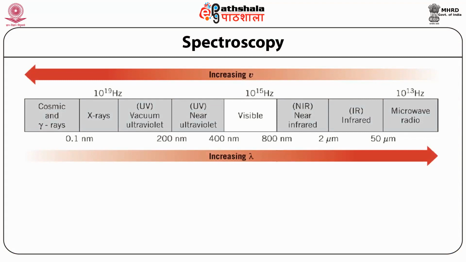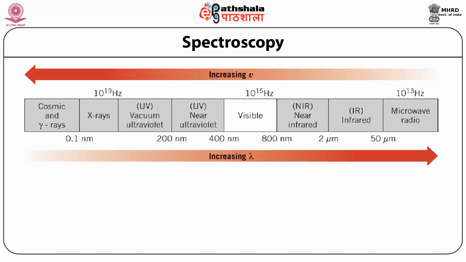Let's now briefly discuss spectroscopy. Spectroscopy is a very important part of natural product analysis. This figure shows the parts of the electromagnetic spectrum. It starts from gamma radiation or gamma rays and ends somewhere around radio frequencies or microwaves.